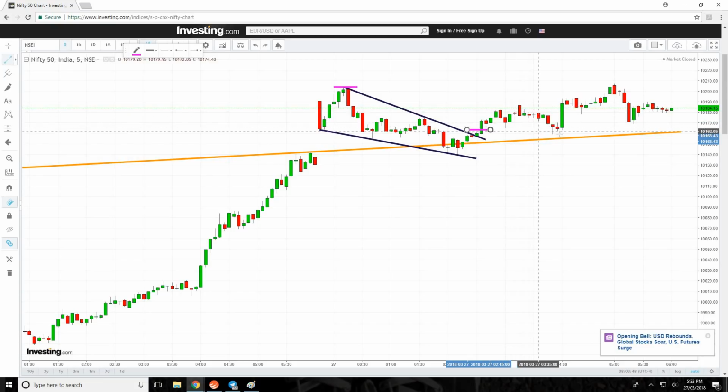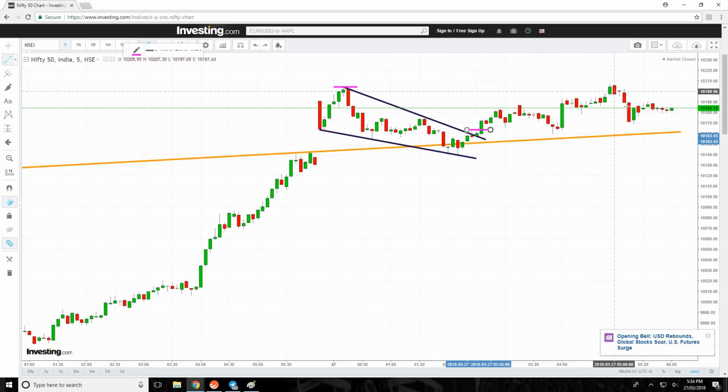And again, price goes up, it pulls back, and see where it takes support again. It takes support exactly around this trend line. Again, it bounces up, and so price goes nearly to 10,200 and crosses that level. So we get one good trade, one good setup, a very nice trade.